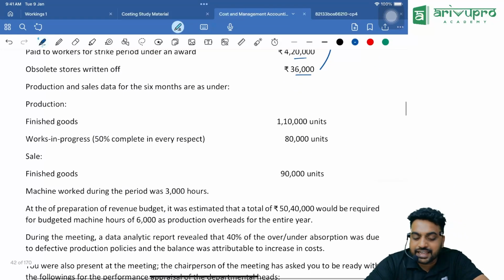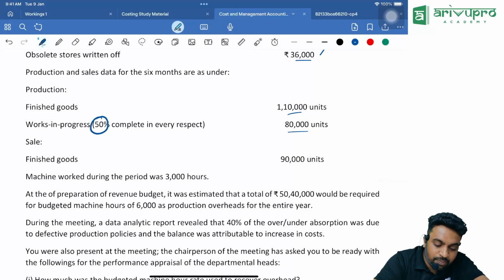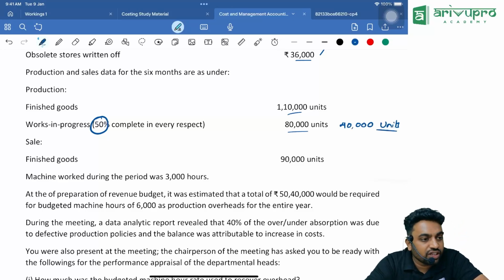Production and sales data for the 6 months is as follows. Finished goods produced 1,10,000, WIP 80,000, which is 50% complete. Equivalent WIP will be 40,000 units. Now my question is, does this 40,000 already include in that 110,000? Not yet included in that 110,000.